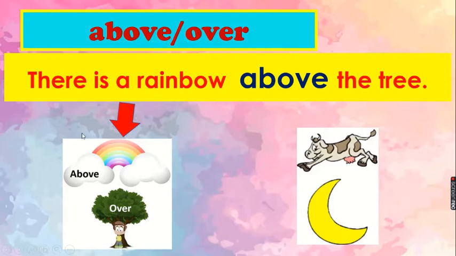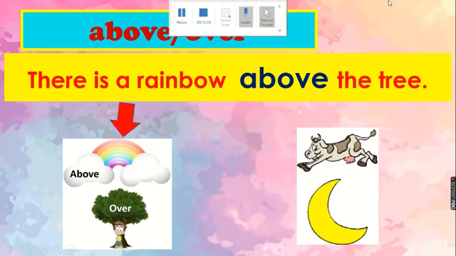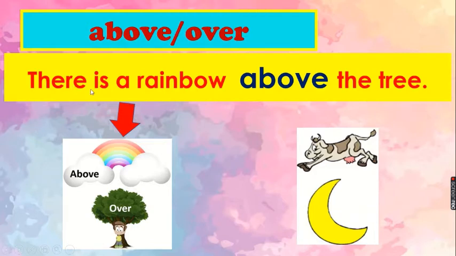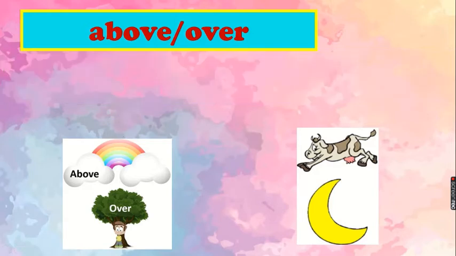For example, I will ask you the question, what's above the tree? Then you can say, there is a rainbow above the tree. Can you say that again? There is a rainbow above the tree. Good one. How about, where is the cow?